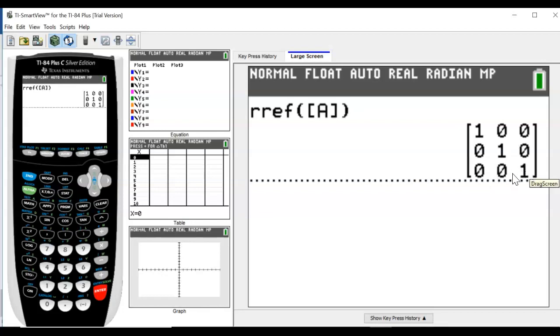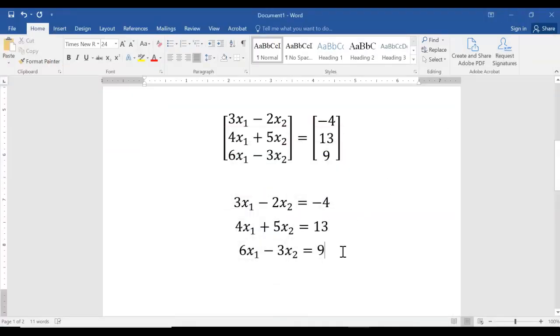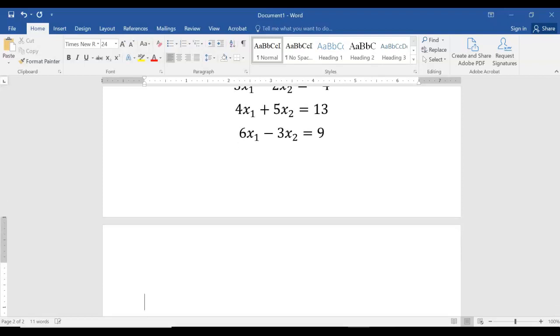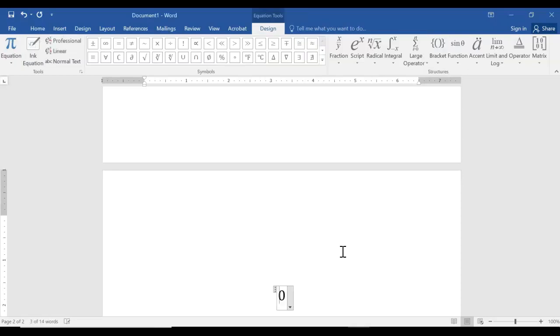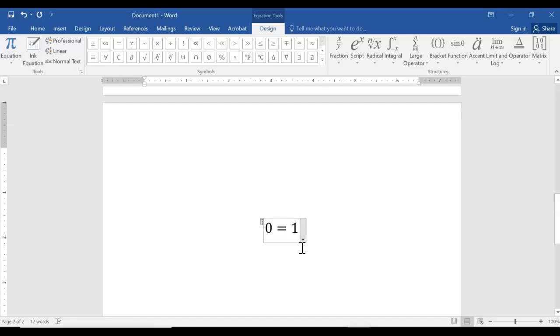Now, remember what that meant. We did this last time. If this is an augmented matrix, that last row is telling me 0 equals 1. All right? So that last row, when I row reduce, is equivalent to 0 equals 1, which means there was no solution.